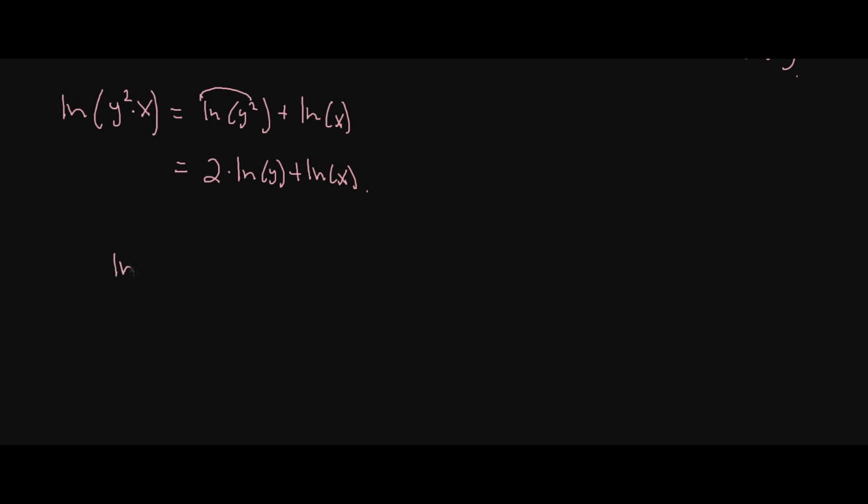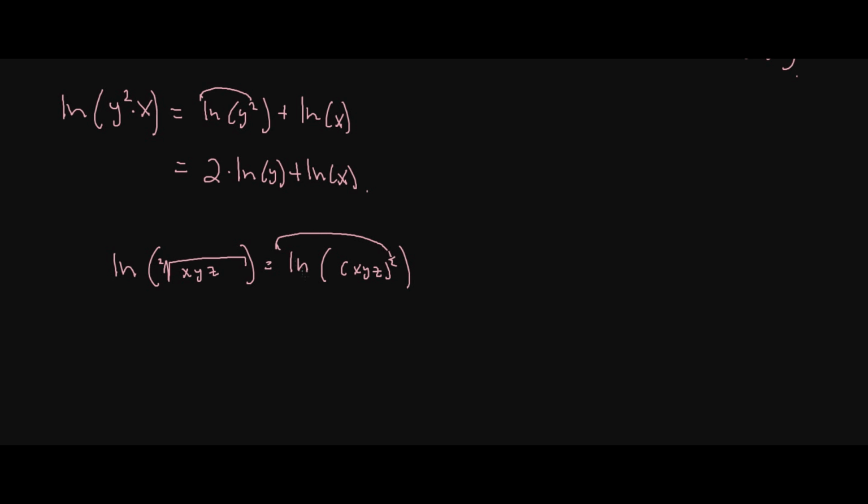All right, let's try something like this. Let's say I have ln of the square root of xyz. This is the same thing as ln of xyz all raised to the 1/2. If it doesn't show it, it's an invisible 2. What can I do now?